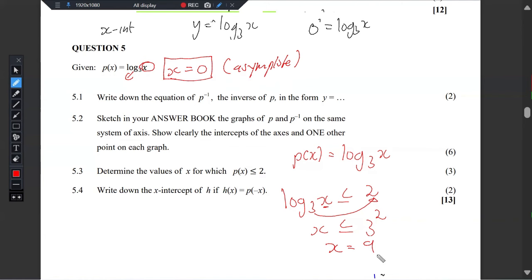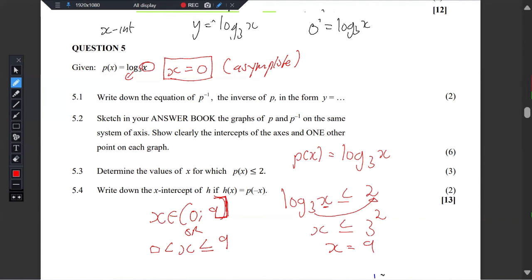So if I have to write this solution, I need to put that in mind to say that my x has to be an element of numbers greater than 0 all the way to positive 9. So I can write it that way or this way here. x has to be greater than 0. Remember, the 9 has to be included, so x is less than or equal to 9.